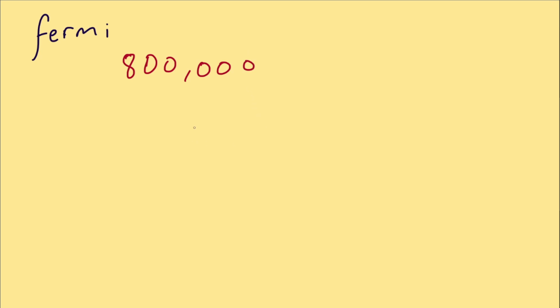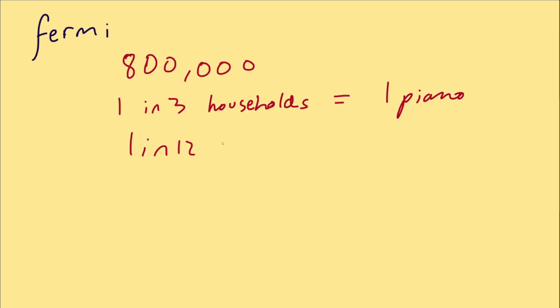The first step is to estimate how many pianos are in San Francisco. First, we note that definitely not every person has a piano. It's reasonable to assume that every 1 in 3 households, so every 1 in 3 families, owns one piano. Now, if we assume one household is 4 people, then that means 1 in 12 people own a piano.